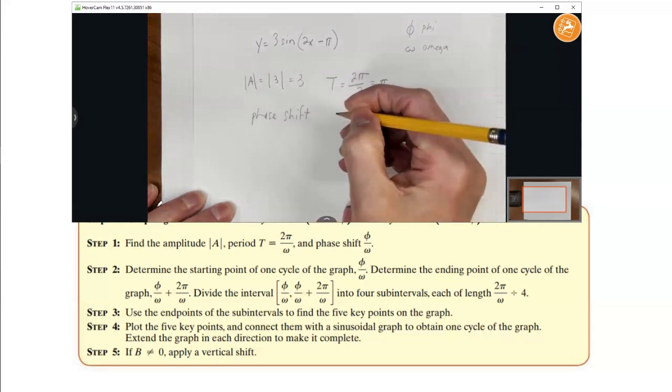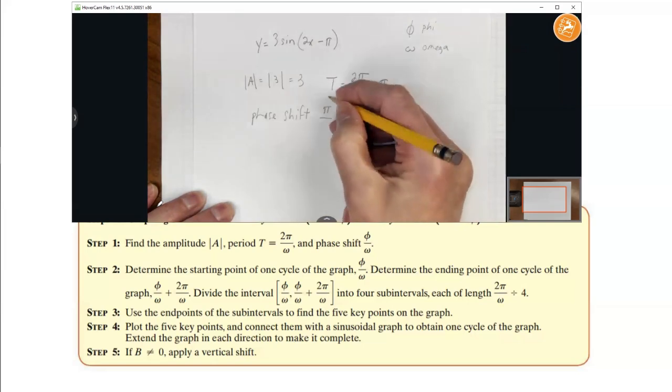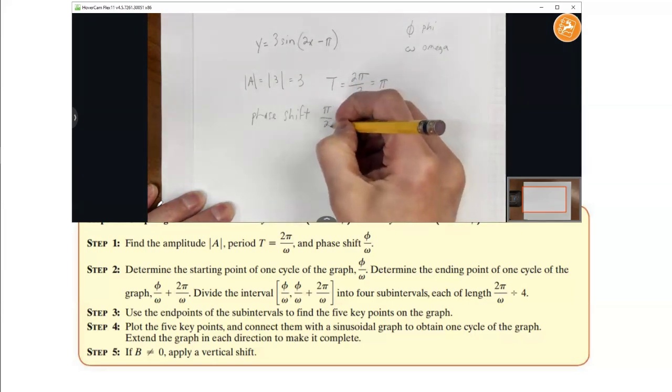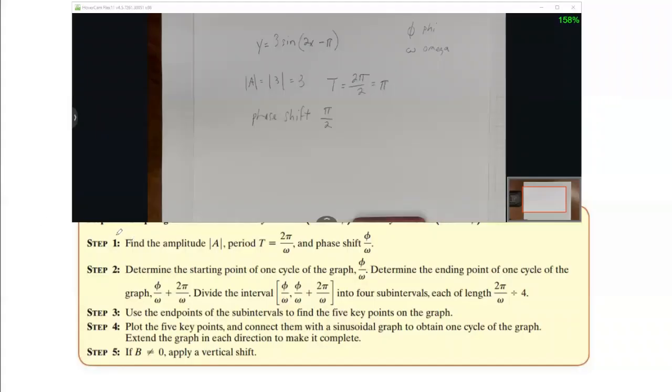Our phase shift is going to be phi, which is pi in this case, divided by omega, which is 2. So there are the components that we're going to use as we recreate this graph. What we've essentially done is step 1 here. We found the amplitude, the period, and the phase shift.